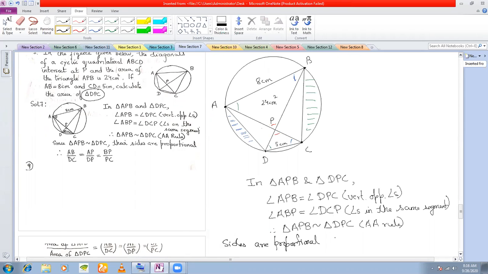I start with AB, which is opposite to one red angle in that triangle, divided by the side opposite the next red angle in triangle DPC, which is DC. So AB by DC is 1. Next, let us write the blue angle. Opposite to the blue angle in triangle APB you have the side AP, and opposite to the blue angle in triangle DPC you have the side DP.